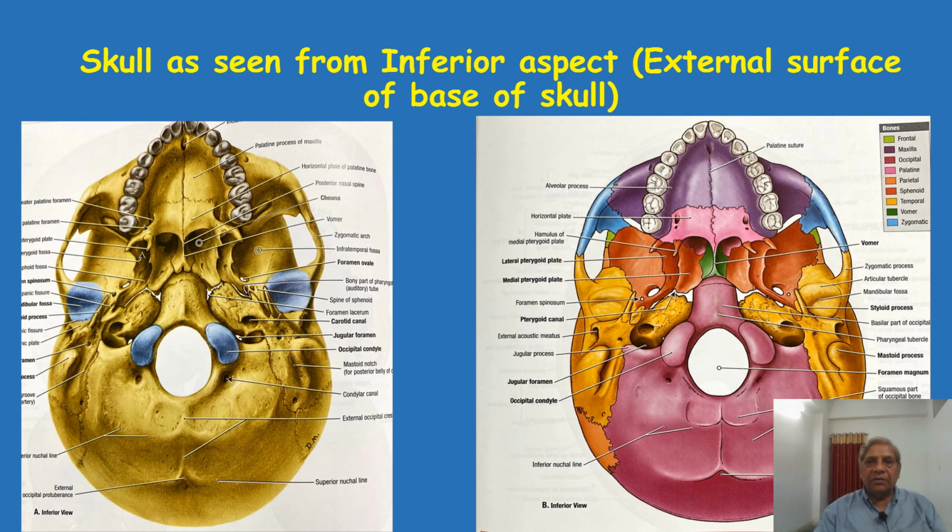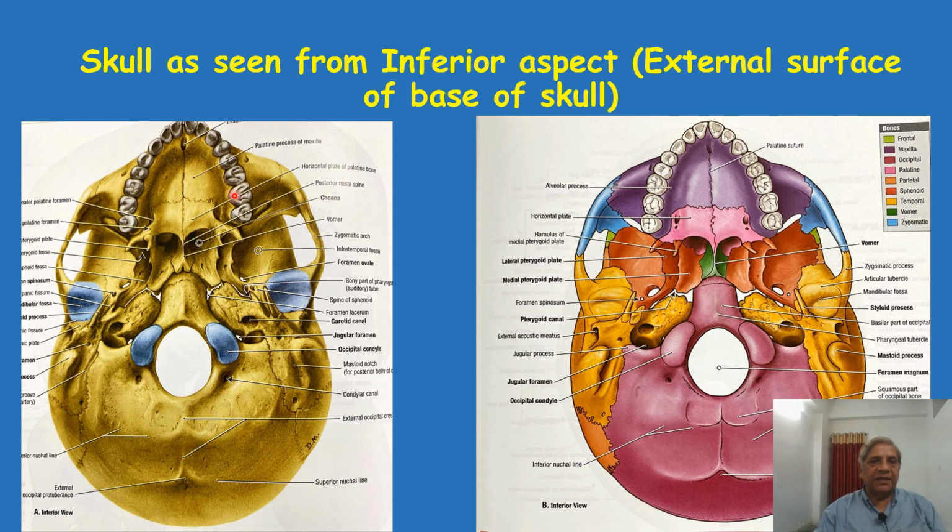Okay. Now, if you see this base of the skull, usually we divide the base into three parts, just for ease of understanding and learning, using two imaginary lines. The first imaginary line passes from the posterior border of this hard palate.